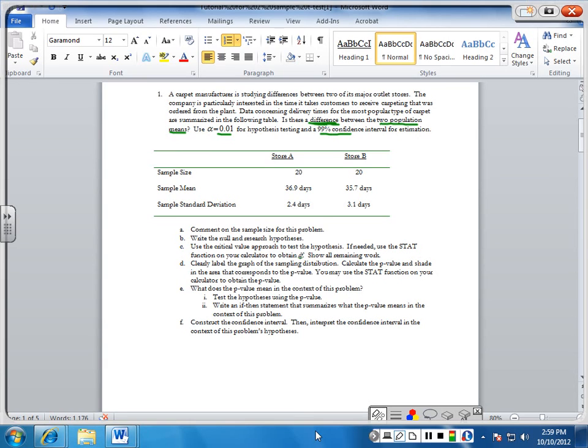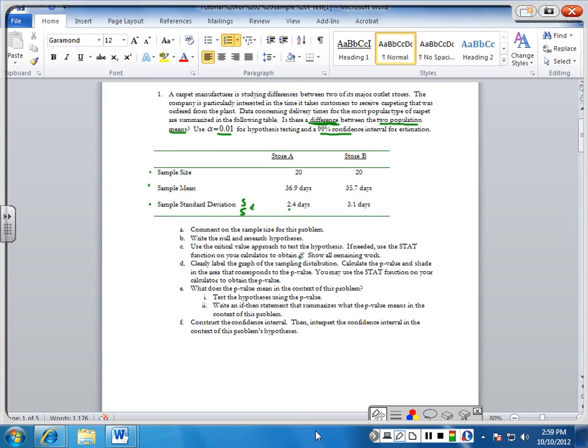And then in this case, the sample size, sample mean, and sample standard deviations are given for both stores A and B. So before I start working any of the things on here, I want to find out right away if this is going to be a test with the pooled variance or the unpooled variance. So this is S. I need the variance S squared.